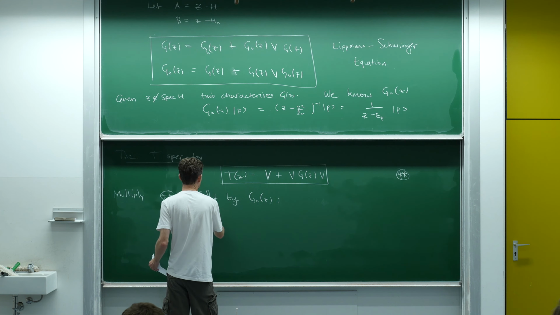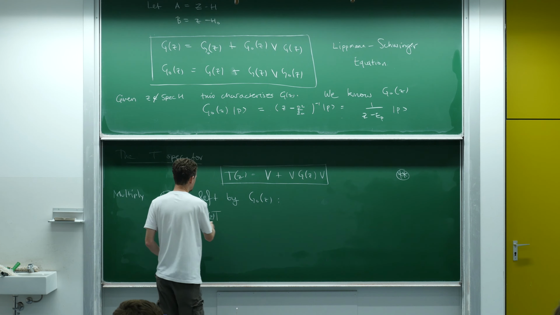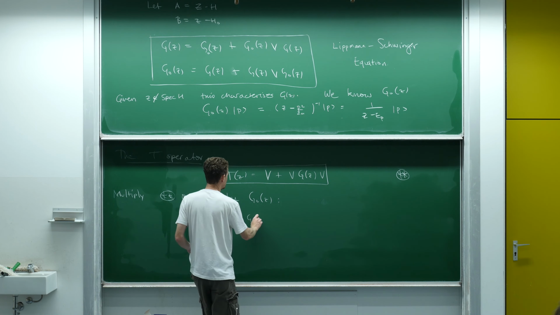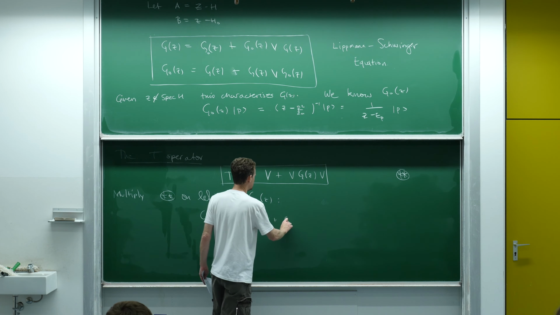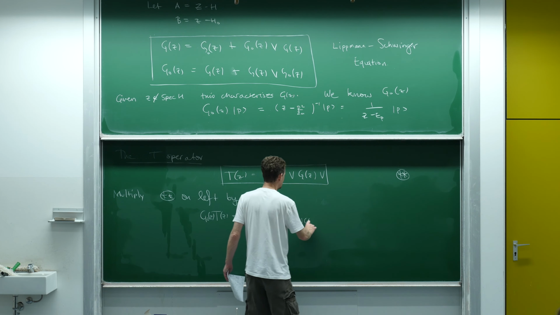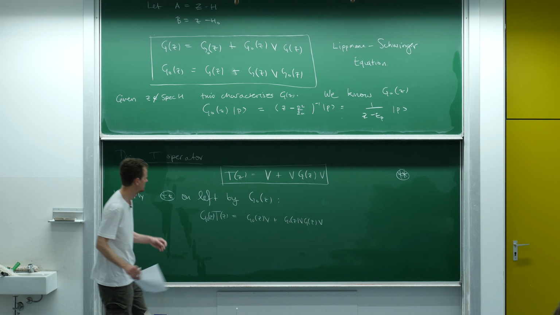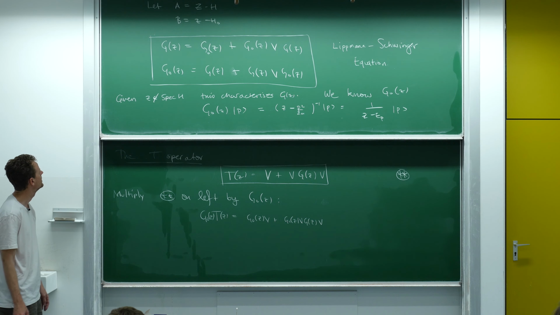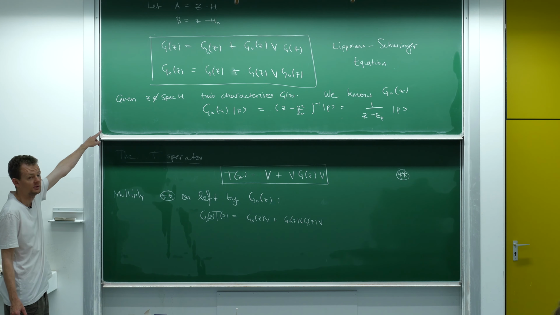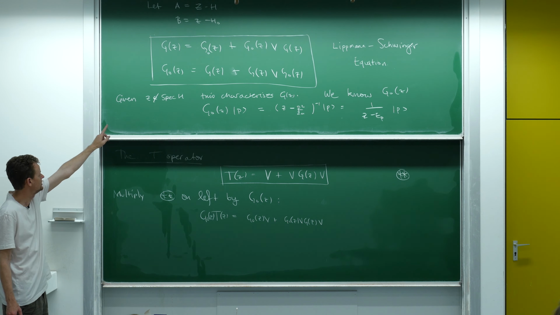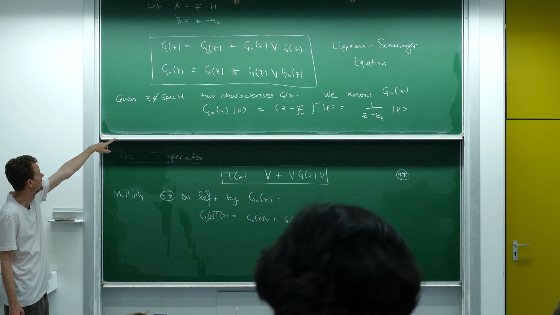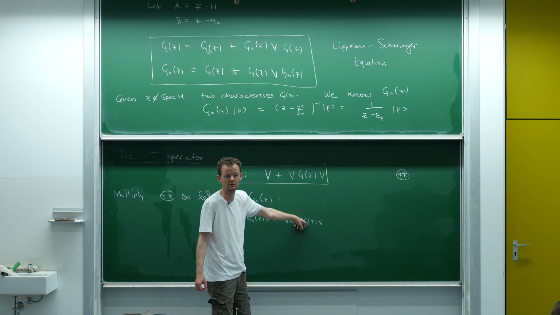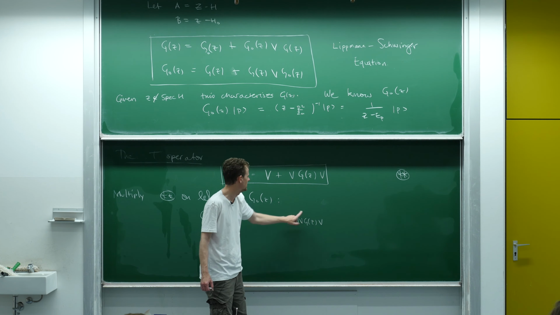So on the left, g naught of z times t is the thing we want to consider. On the right we have g naught of z times v plus g naught of z times v times g of z times v. Okay, if we stare long enough at that expression, what do we see? We can see that g naught v g equals g minus g naught.